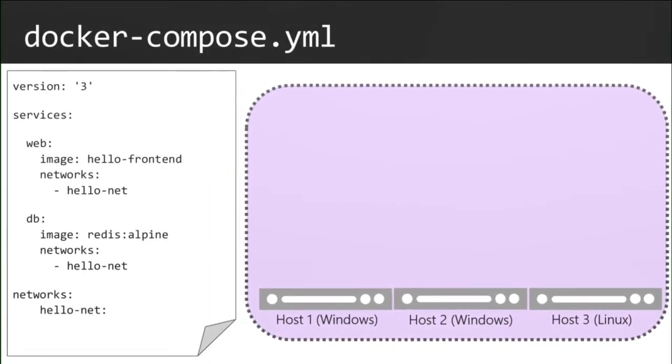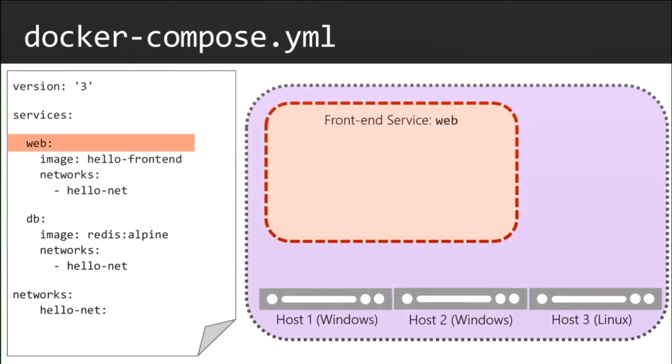Okay, so let's look at the application now, and the Docker Compose file that I wrote for this simple application. I'll show it running shortly. On the left here is an example of a compose file. For my application, the front end is a simple web service based on an IIS web server image.